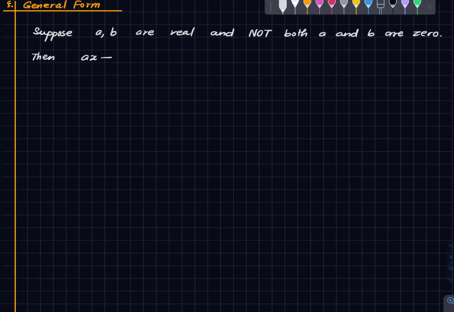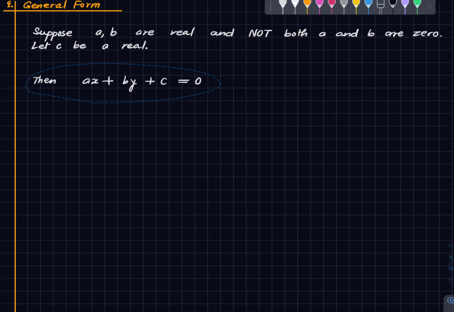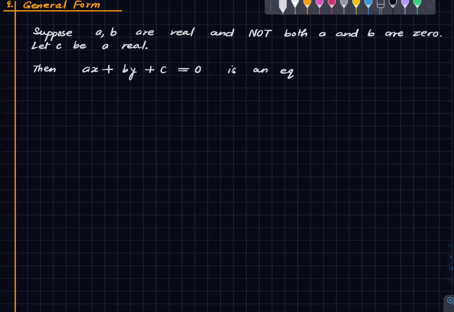Then ax plus by plus c equals 0 is the equation of a line. So how do you show this? Why is such a thing the equation of a line?